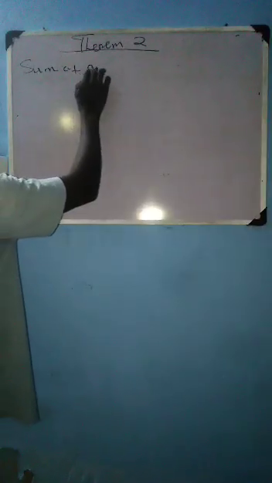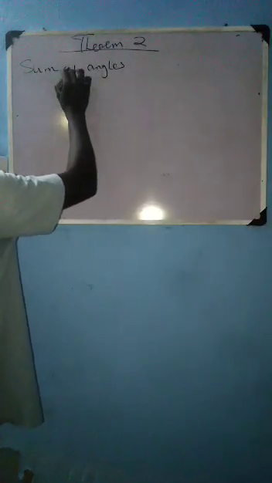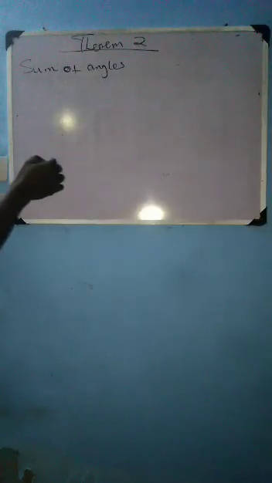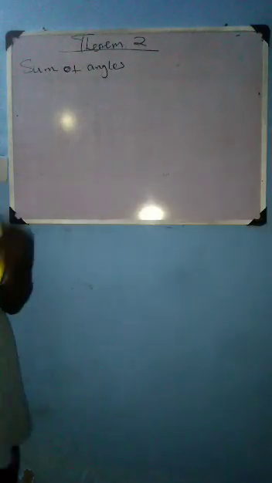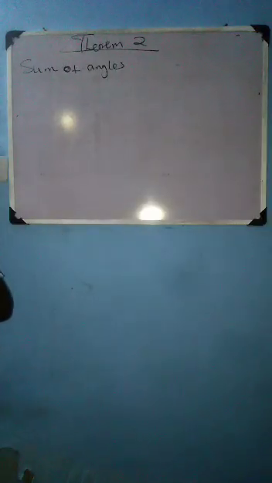So, theorem 2 states that the sum of angles at a point is equal to 360 degrees. I'm just numbering them so you can remember, okay? Theorem 1, angle on a straight line. This is my own numbering. Sometimes angles on a straight line will be your theorem 3 in some textbooks.